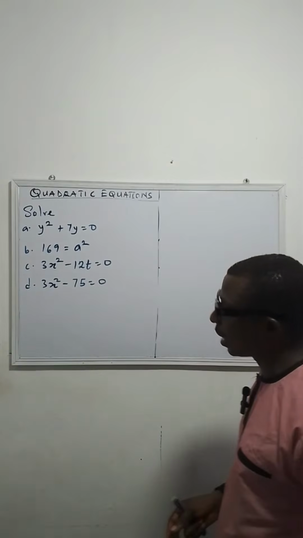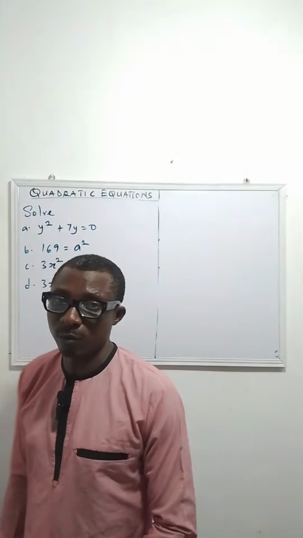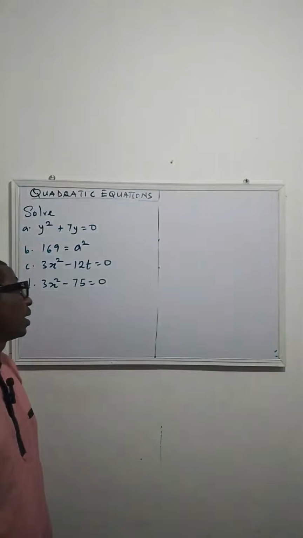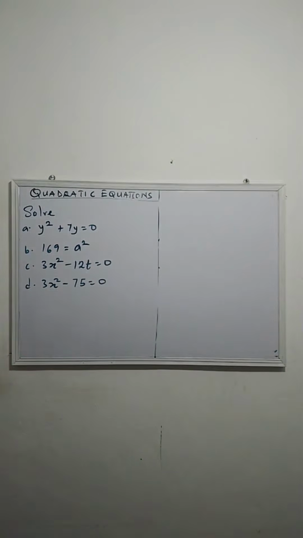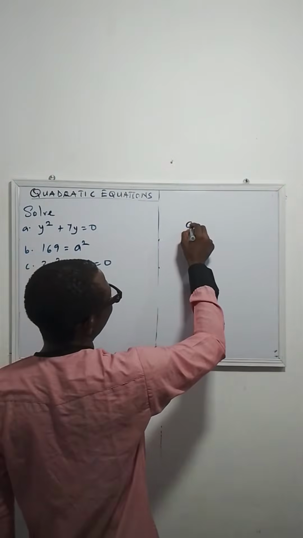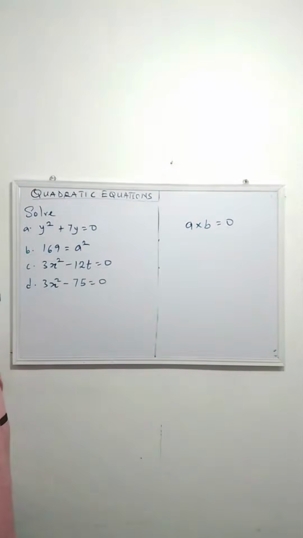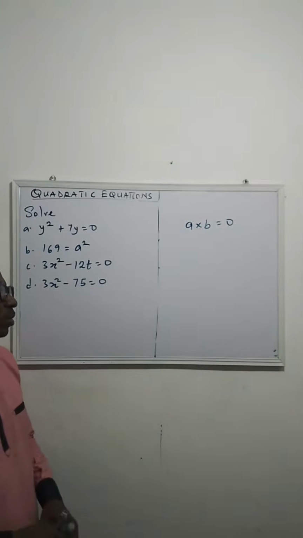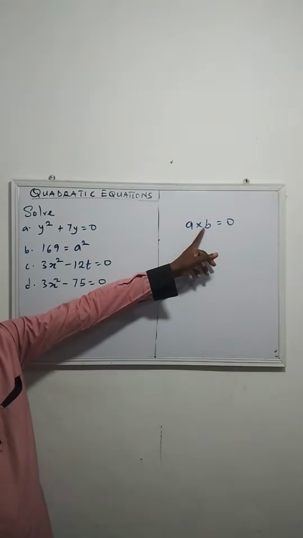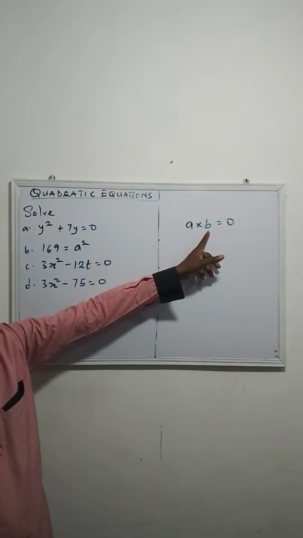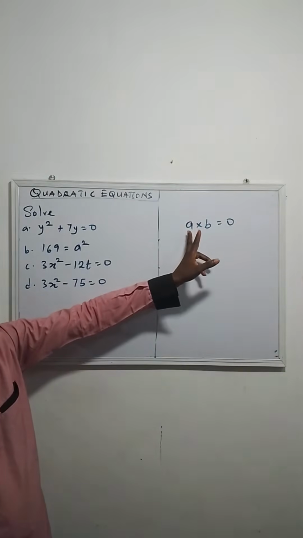Okay, now let's look at the following equations. These are examples of quadratic equations. Okay, so before we begin to solve these problems, let's look at this argument. If you multiply two numbers together and the result is 0, then the two of them cannot both be non-zero.